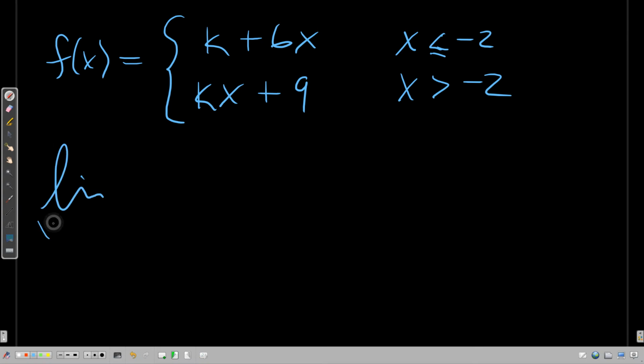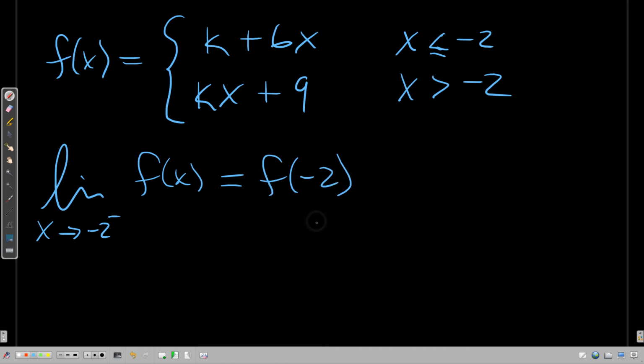So for sure, without doing any work, the limit as x goes to -2 from the left of this function is equal to f of -2. But that's only checking from one direction. We need to check from the other direction. Not just check, but force them to be equal.